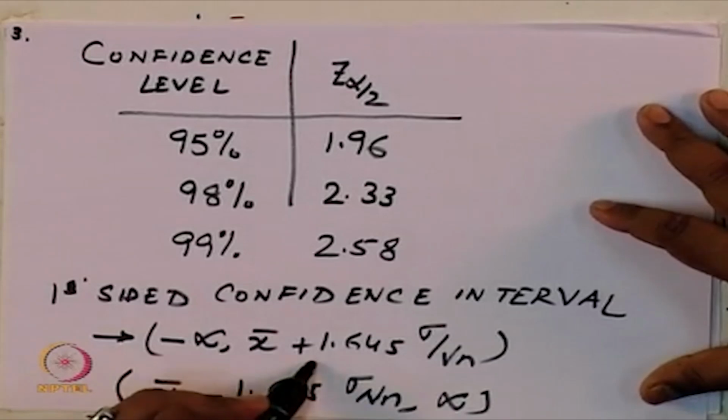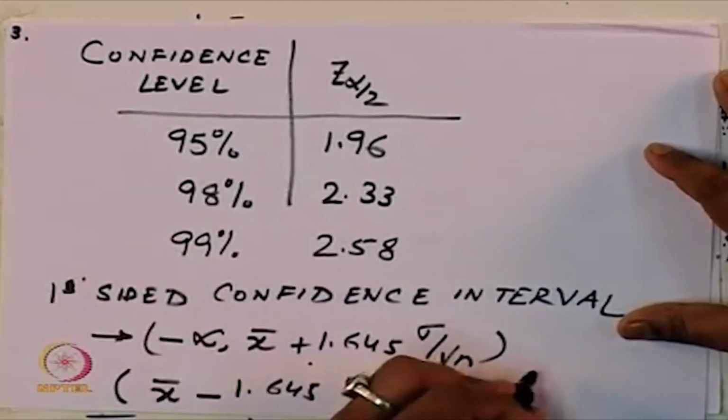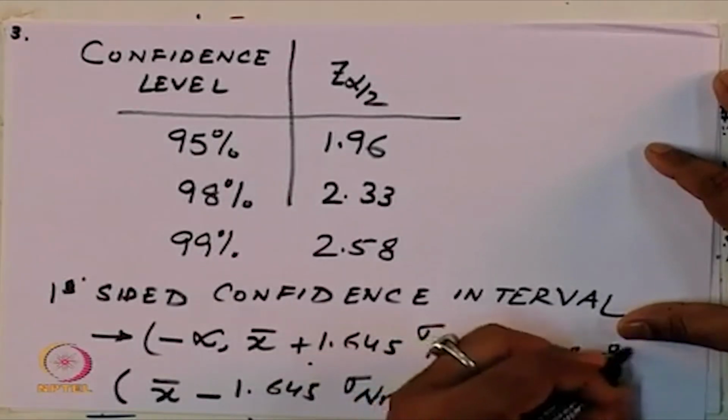So, this gives you the maximum value, and this gives the lower value. This is for 95% confidence.